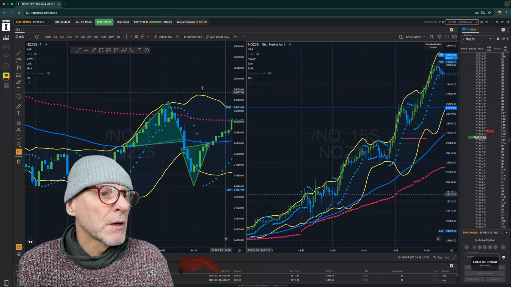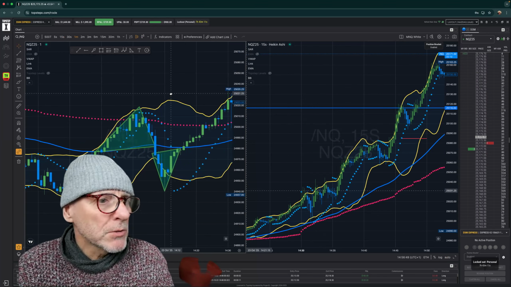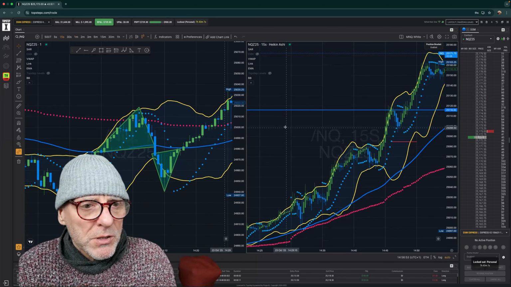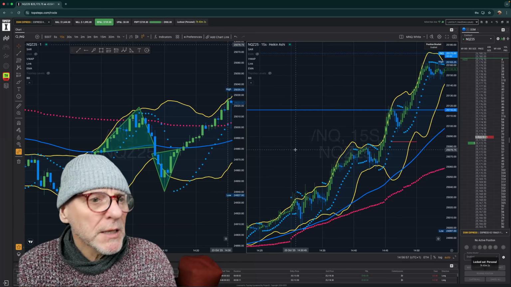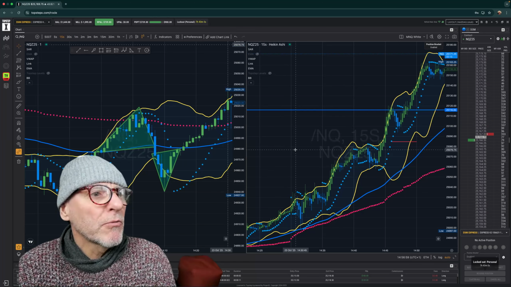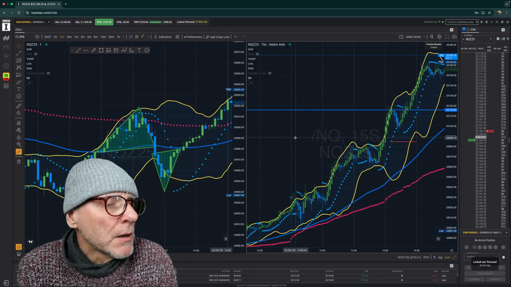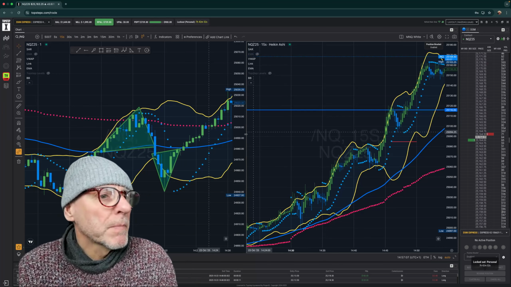We're using parabolic dots, and we're using Bollinger Bands, and there's a couple of moving averages. We've got the blue line, we've got the moving average 90, and a good old faithful VWAP, but we don't worry too much about that on this small time frame.